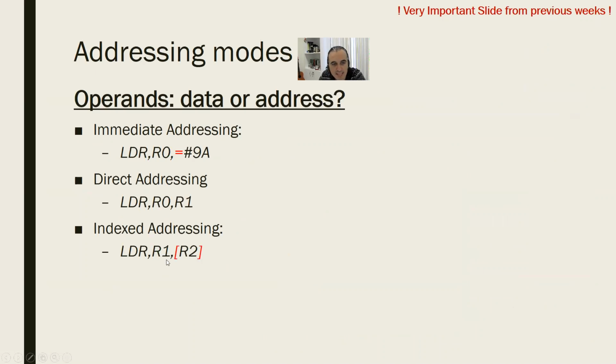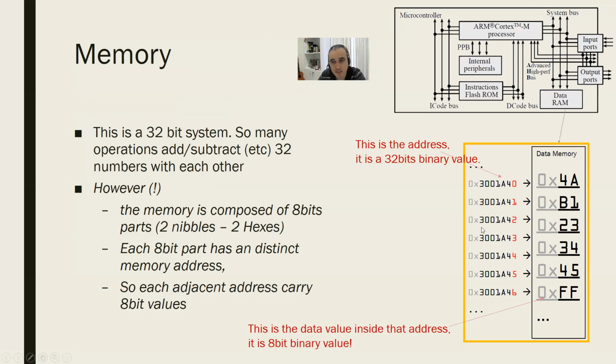However, LDR is not like that. And using STR is not like that as well. You're writing to or reading from the memory. And since these are registers, they are 32 bits. You're writing more than 8-bit values. So it's a bit complicated, just like I've told you, you're using 4 rooms.